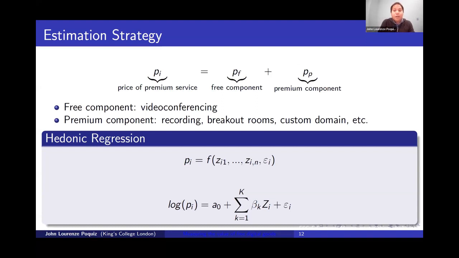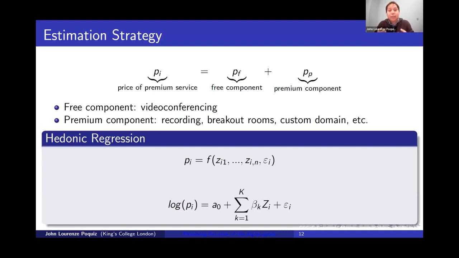You're also paying for the ability to record your call, for breakout rooms, and for the ability to customize your domain. What we want to do is to adjust the price of premium services in such a way that we can remove the value of the components that we can only find in the premium version, right?